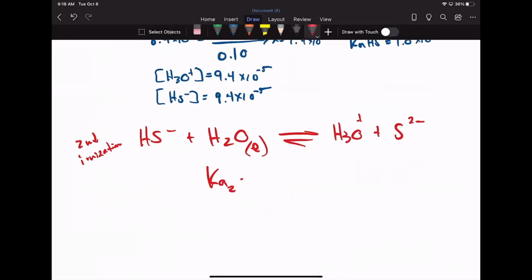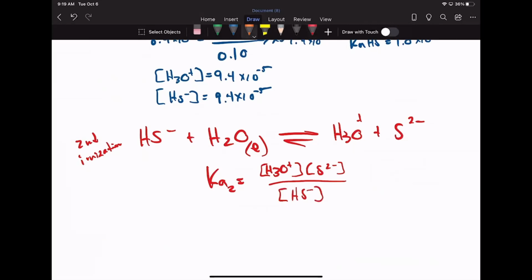The Ka2 is equal to the concentration of H3O plus times the concentration of S2 minus over the concentration of HS minus.